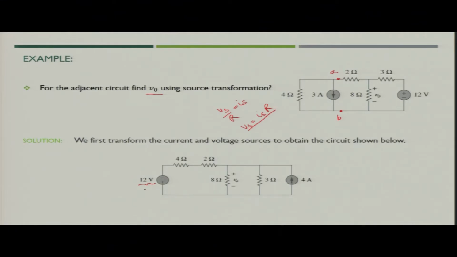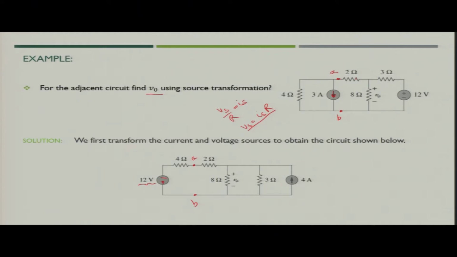Now, you have got the value of voltage. What should be its polarity? Since current is downward, your polarity will be plus. Now, what would be the value of resistance? Resistance value will remain the same, but now it will be in series. So, across A, B, your updated circuit would be like this.